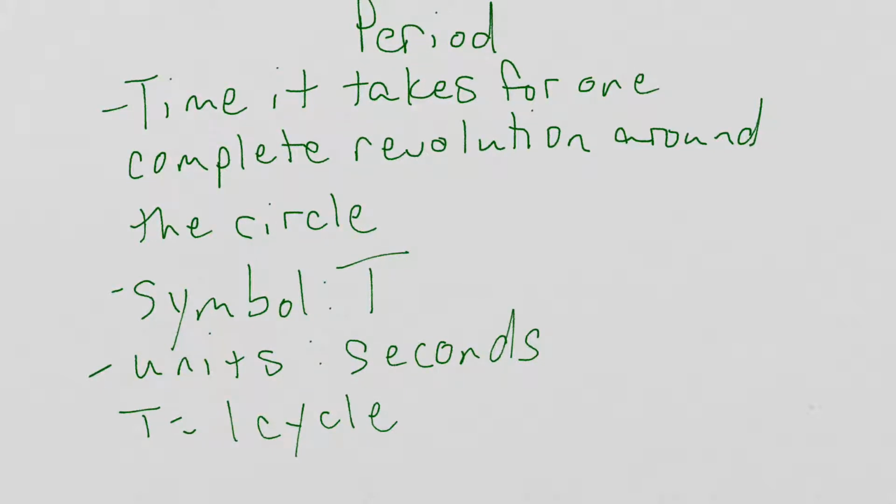And the period and frequency are related. The period is equal to 1 over the frequency, and the frequency is equal to 1 over period. So if you have one, you can find the other.